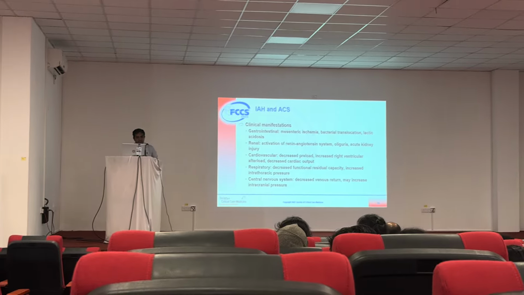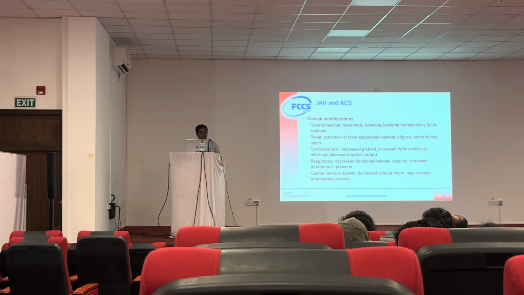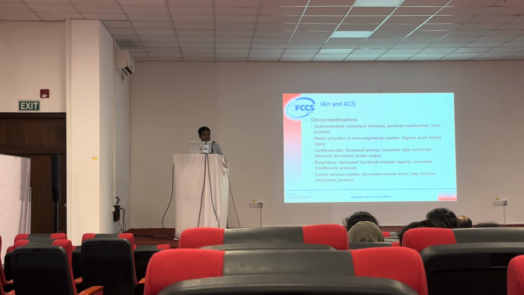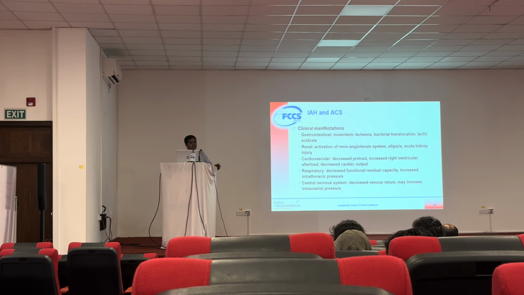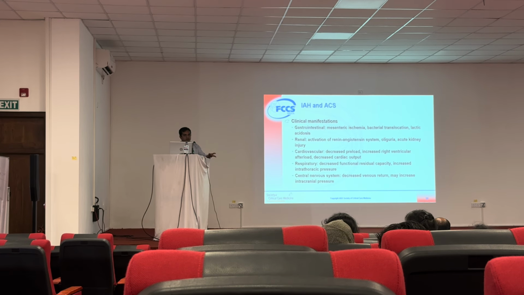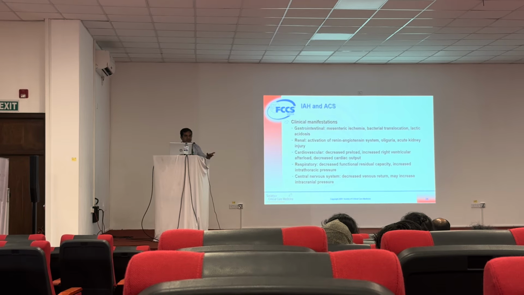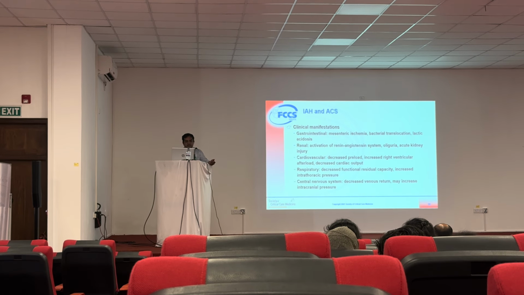Renal compromise can cause complications like oliguria and acute kidney injury. Cardiovascular, venous return is compromised, so preload will be compromised automatically, afterload also compromised. Preload compromised, cardiac output will be compromised.